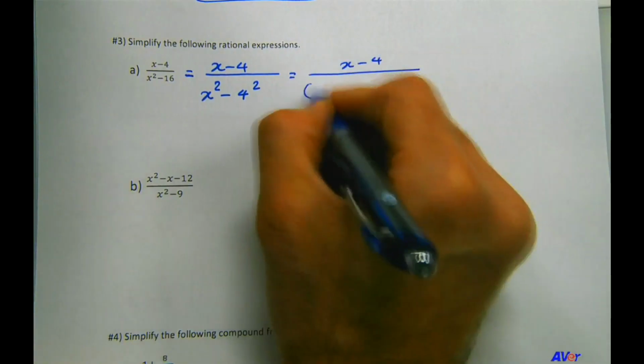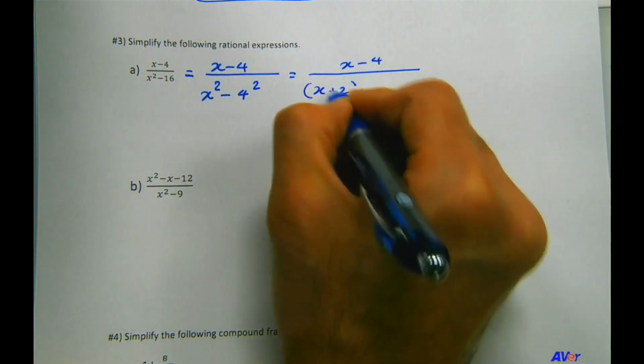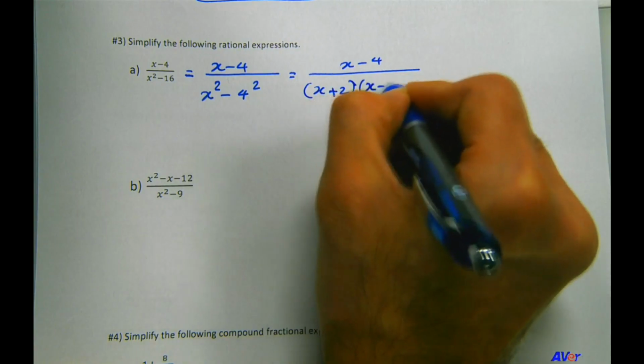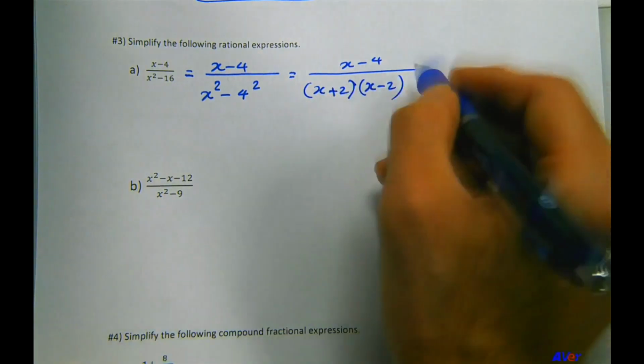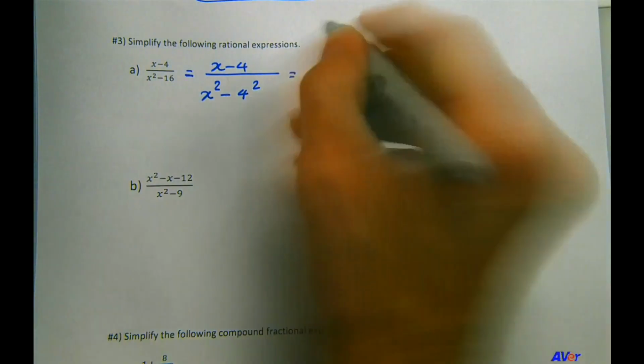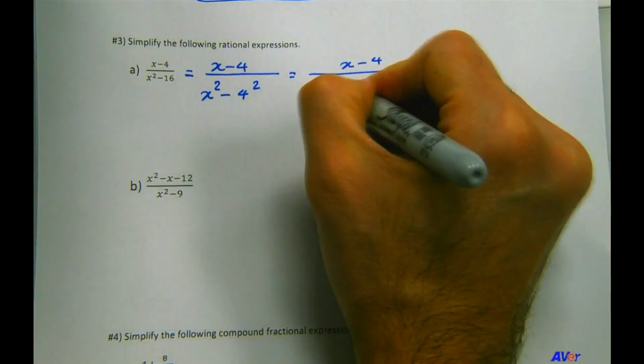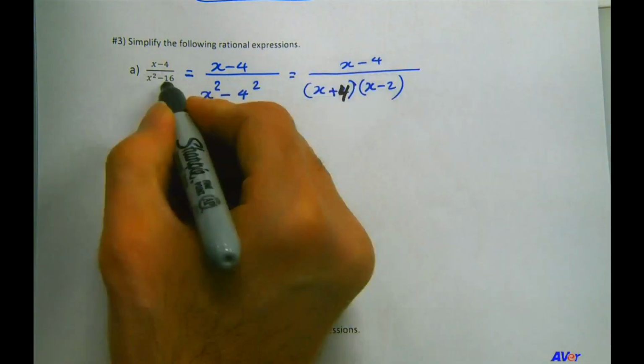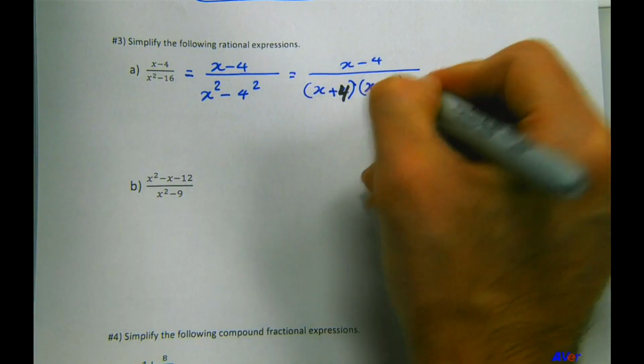Let me correct that: I mean x plus 4, because this was minus 16, and x minus 4.